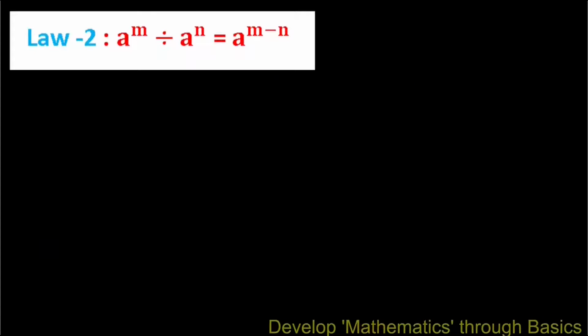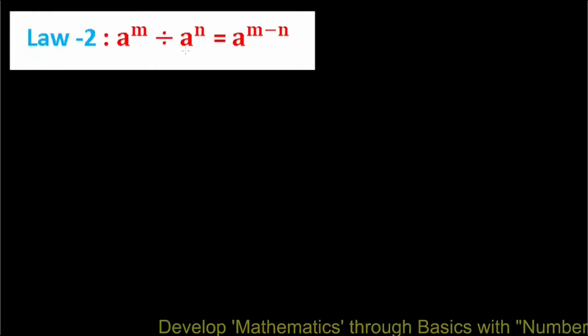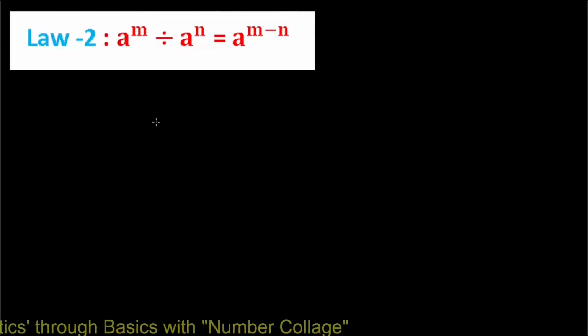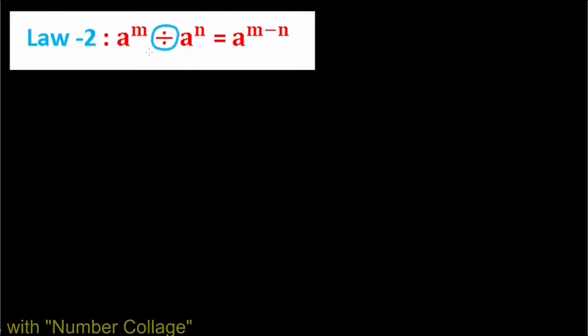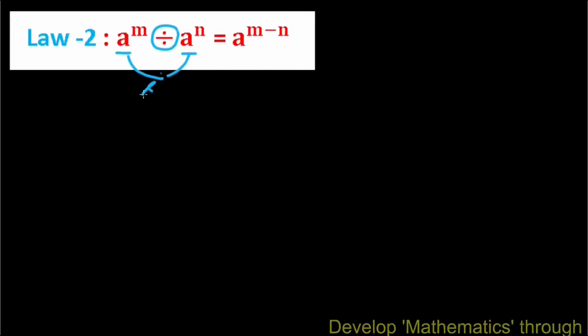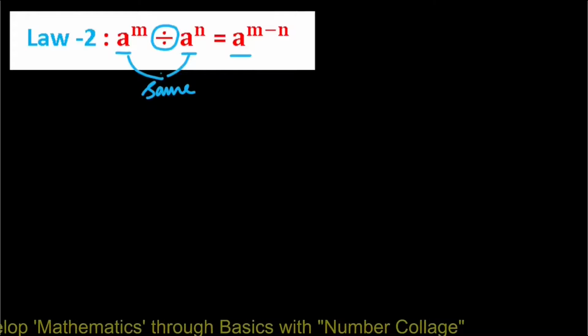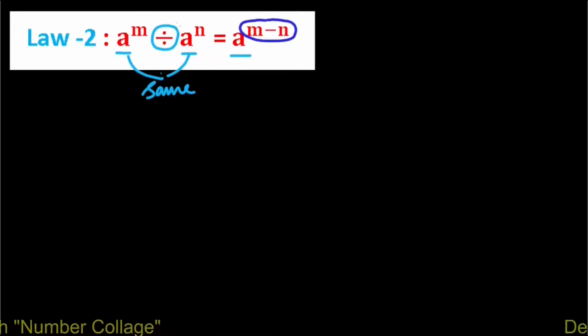Now we got our second law, which is a raised to m upon a raised to n equals a raised to m minus n. Its meaning is, whenever there is a division sign between the two powered numbers and when their bases are same, then the same base is raised to subtraction of the individual powers.